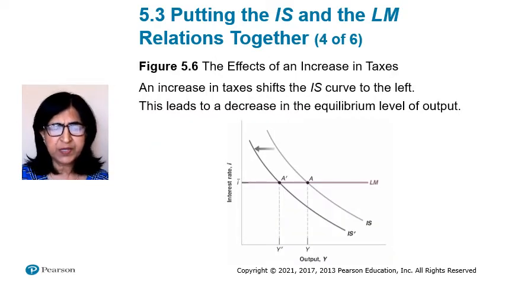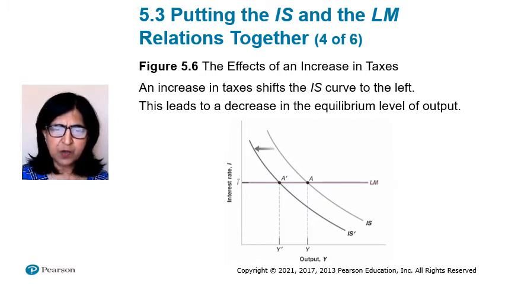Figure 5.6 shows the effects of an increase in taxes. Step 1. See which curve shifts. As you saw before, an increase in taxes shifts the IS curve to the left. In words, an increase in taxes decreases disposable income and hence consumption. Equilibrium income will go down by a multiple of the initial decline in income.